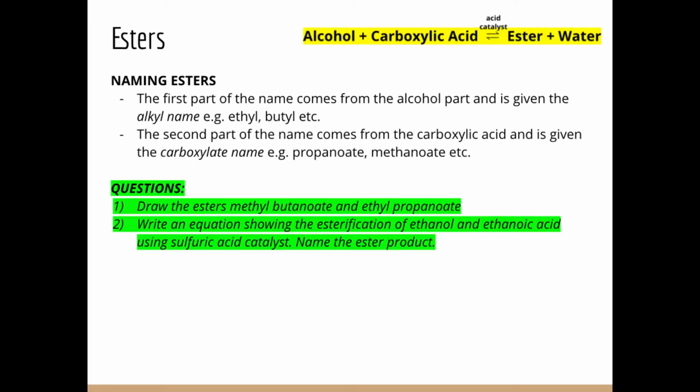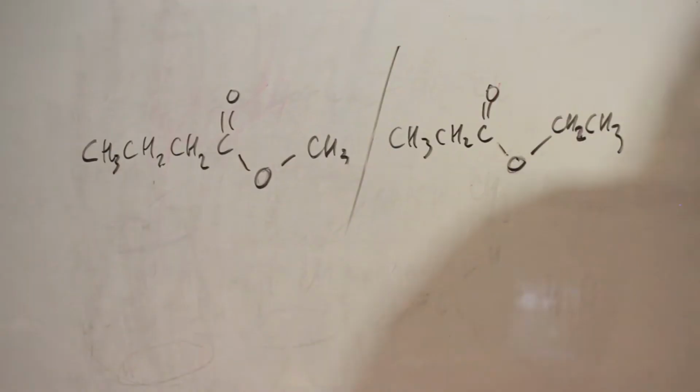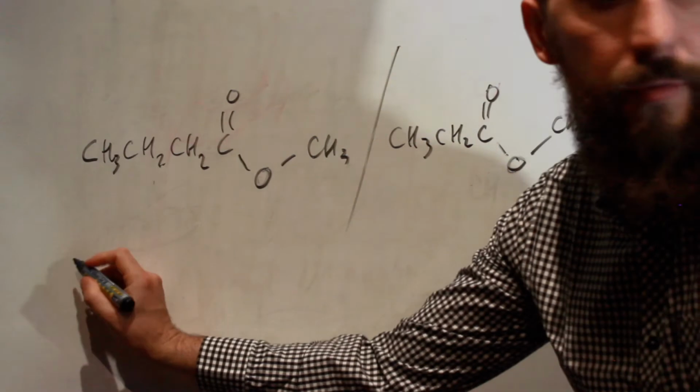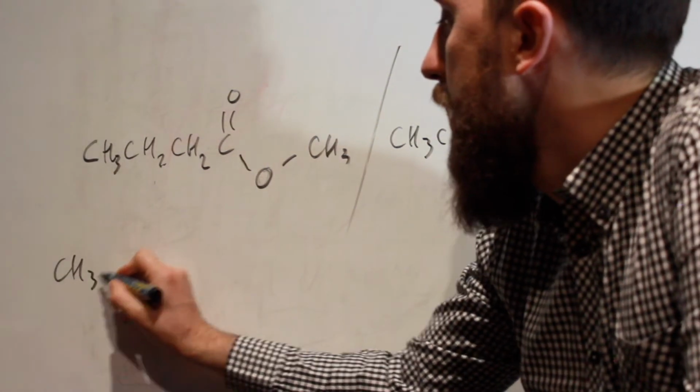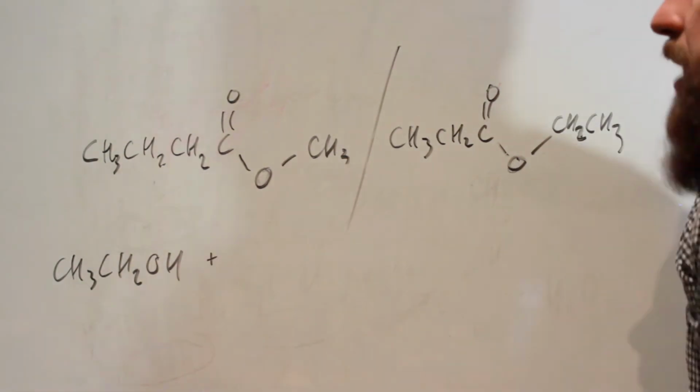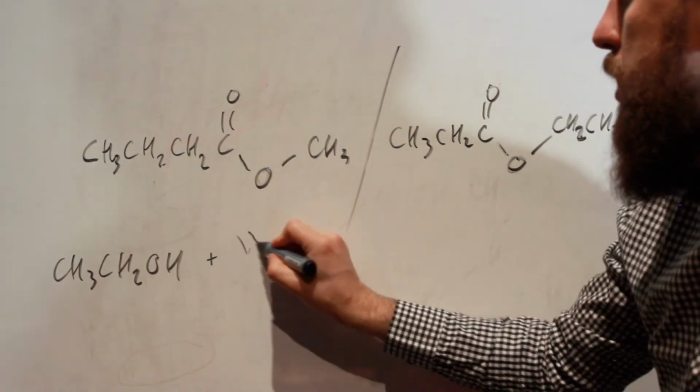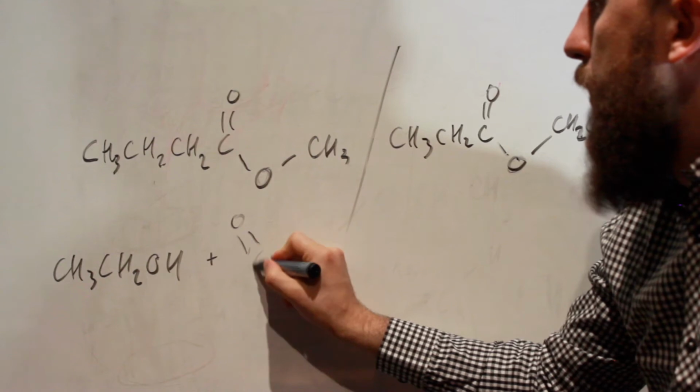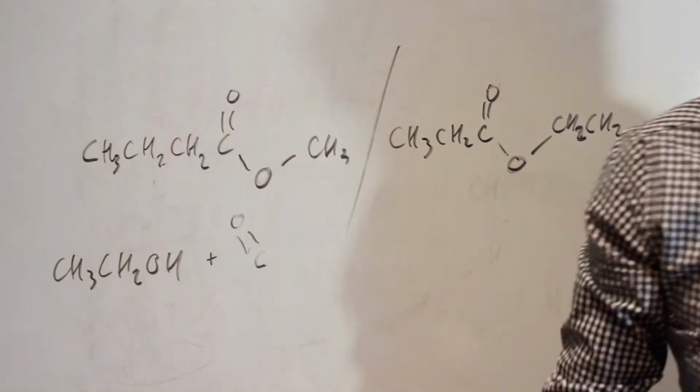Then we had to write an equation showing the esterification of ethanol and ethanoic acid. So let me do this down here. If we have ethanol, CH3, CH2, OH, and I react that with ethanoic acid, I will do it this way so we can see the 2 functional groups next to each other.